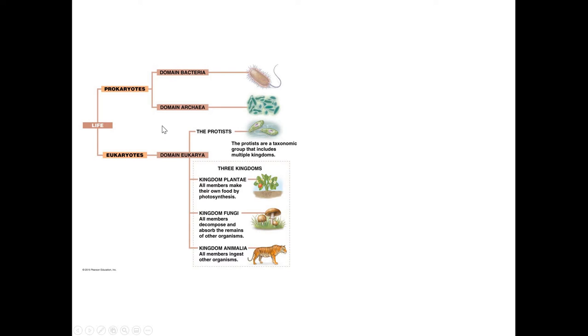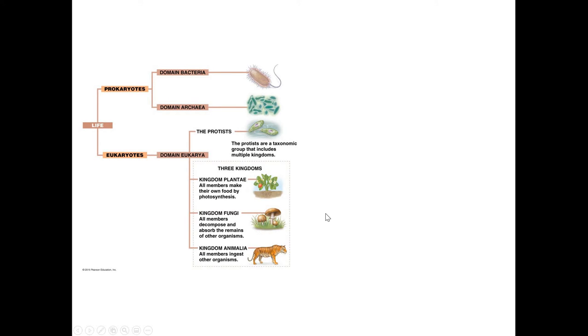Looking at the structure of life again, we have prokaryotes and eukaryotes. We talked previously about some of the defining features of eukaryotic cells, and prokaryotic cells have some differences, mainly in that they lack certain things that eukaryotic cells have. Prokaryotes include bacteria and archaea, whereas eukaryotes are all of domain eukarya.